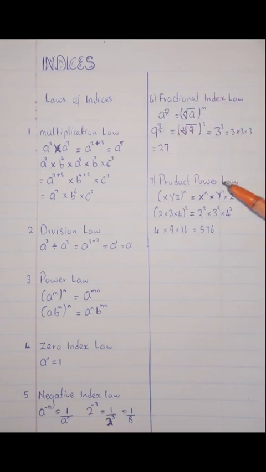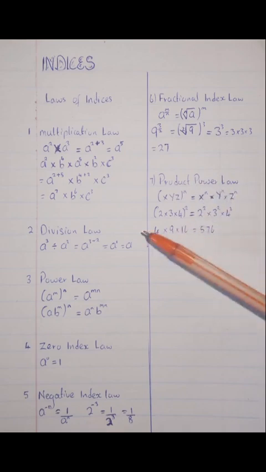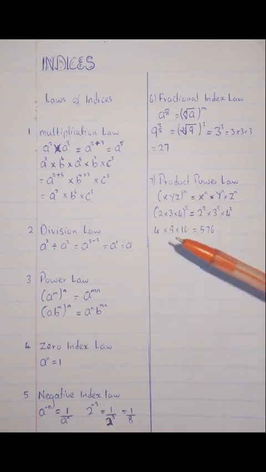And we have the product power law, where we have numbers in the bracket raised to the power of n or raised to any power. You just separate the numbers and raise them to those powers individually and you solve. So these are the laws of indices.